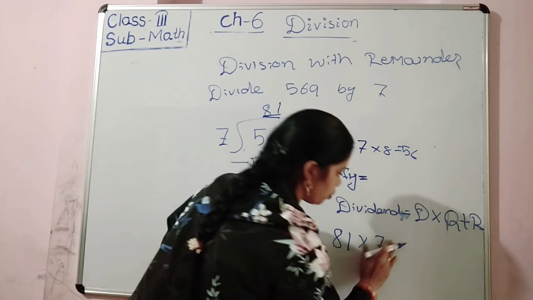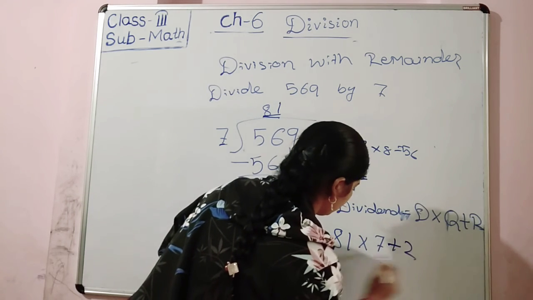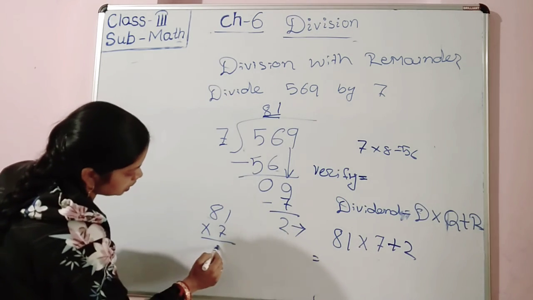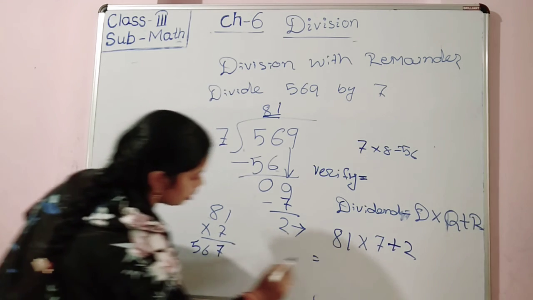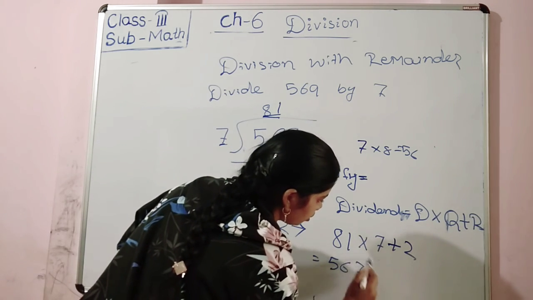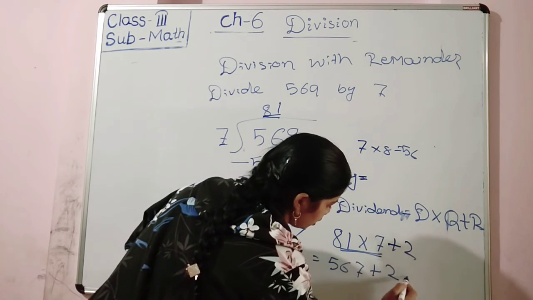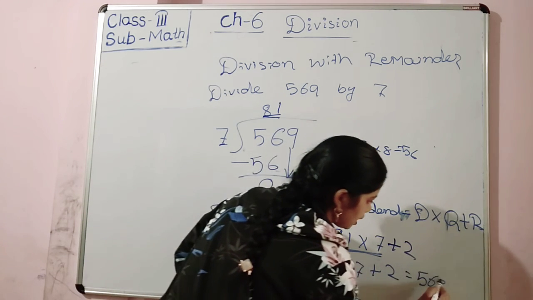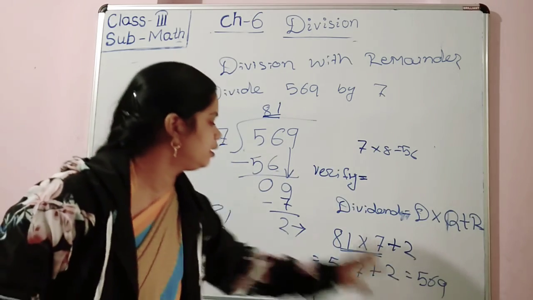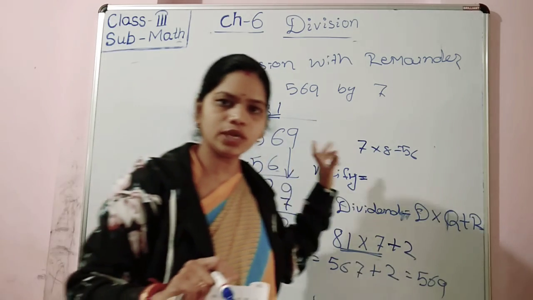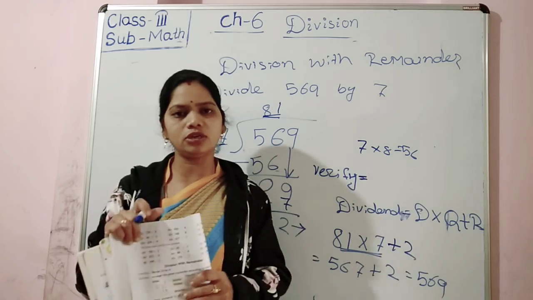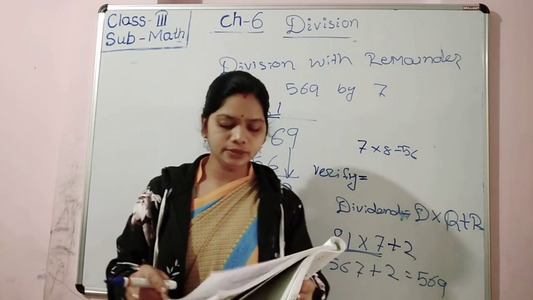Divisor 7 into quotient 81, 81 multiplied by 7, plus remainder 2. When we multiply 81 into 7 we get 567, plus 2 is equal to 569. 569 is the dividend. We get the same answer. Okay, it is proof that our division is right.